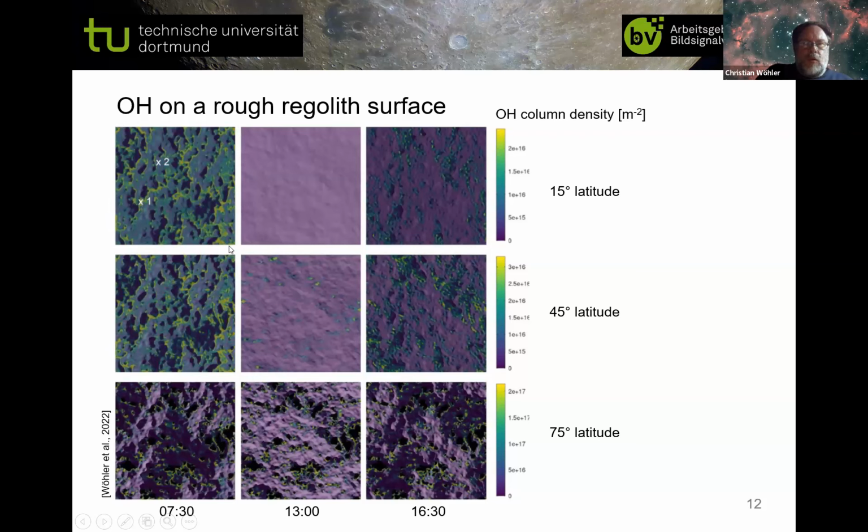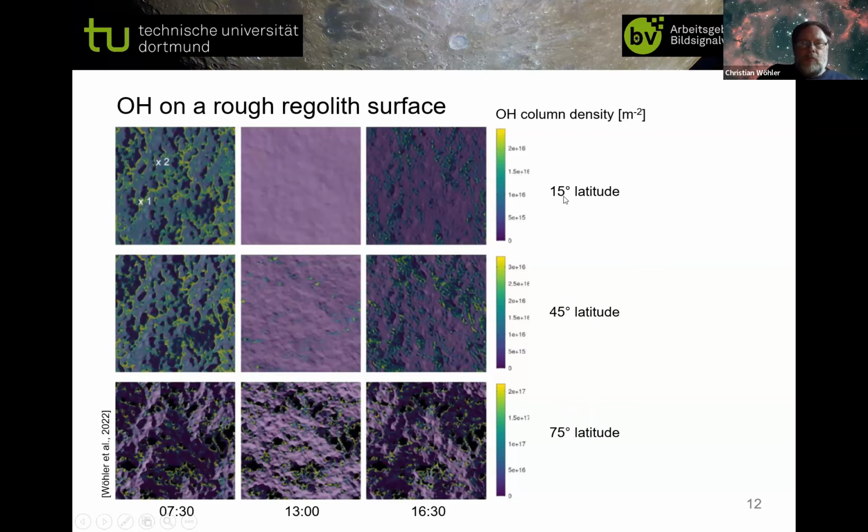With his model, we heated the surface according to the solar illumination in the course of the lunar day at different latitudes. So we always took the same piece of surface for this experiment, but assumed different latitudes.